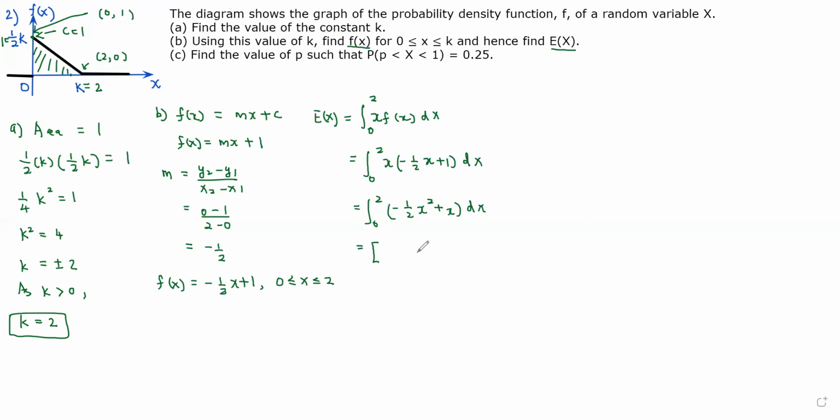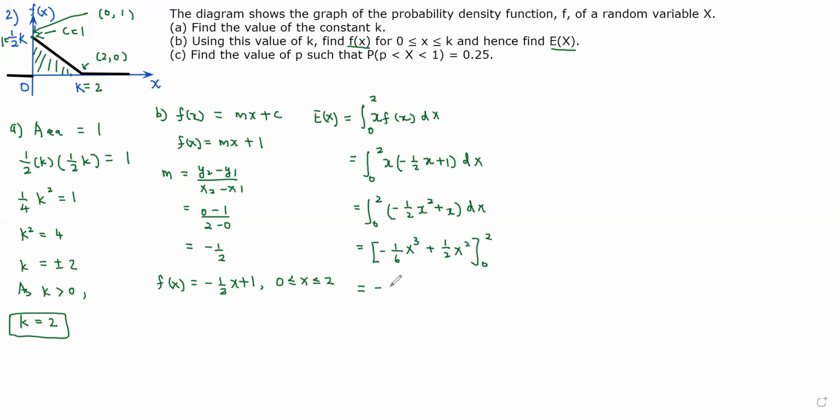When we integrate x squared, we have x cubed over 3, which is negative 1 over 6 x cubed plus 1 over 2 x squared from 0 to 2.